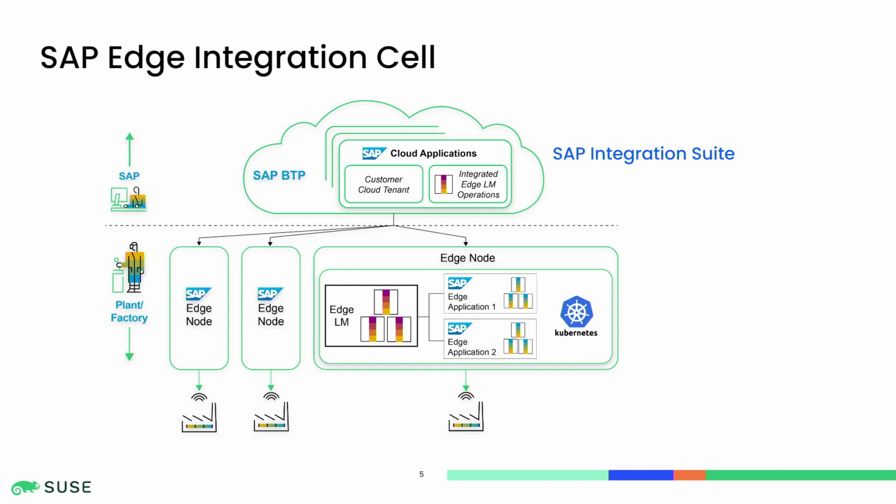We are doing it again with Kubernetes, so that's the value that we bring, and Kevin will explain a little bit more what we have to offer and how we have been collaborating to enable and bring this solution to the market together with SAP.